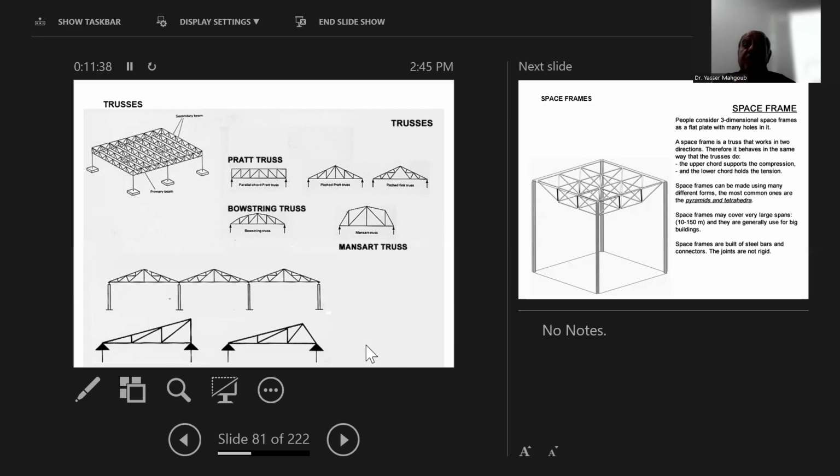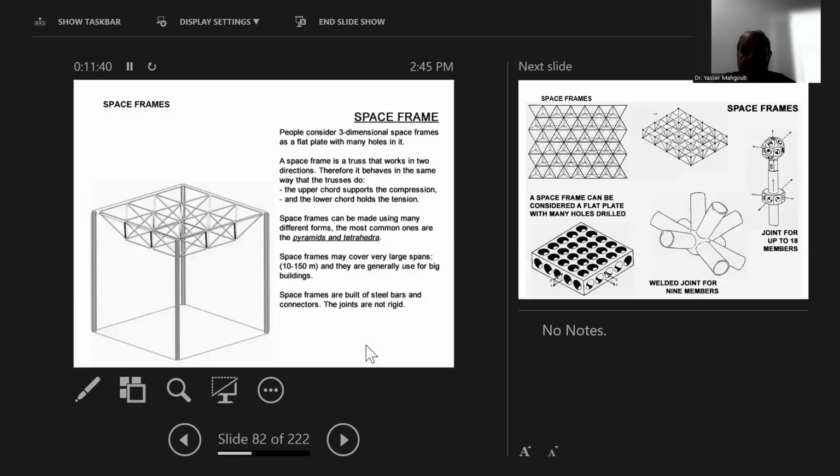with few columns. A nice element or structural system that we use is the space frame or the space truss. Some people call it space truss or space frames.